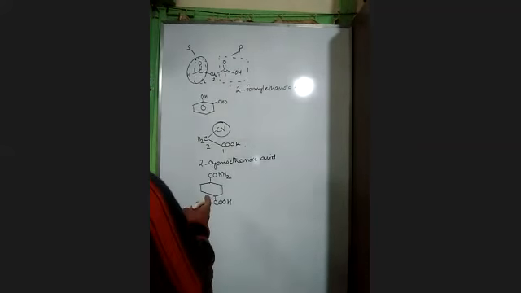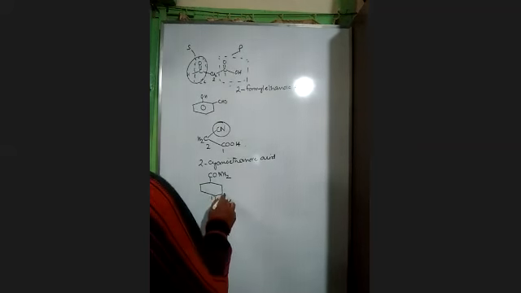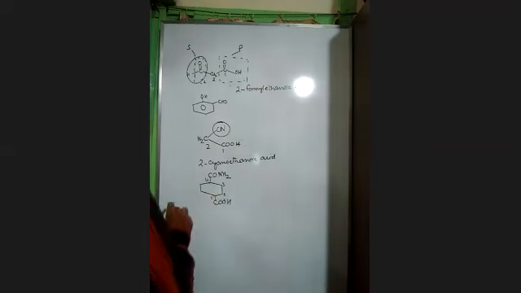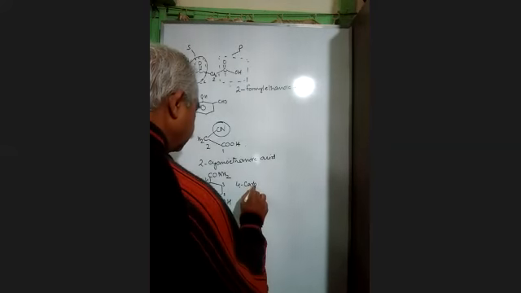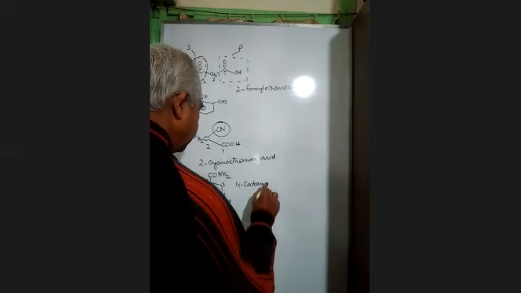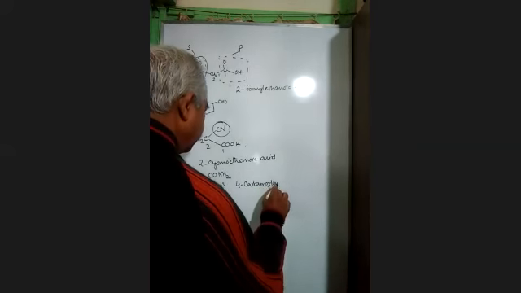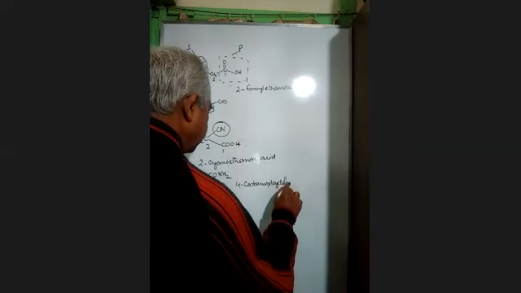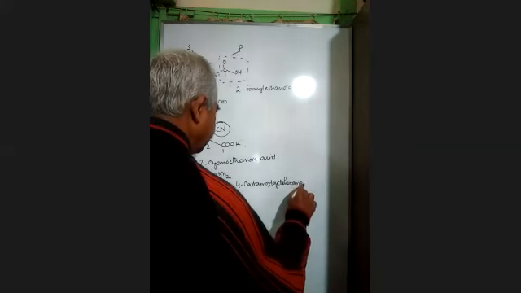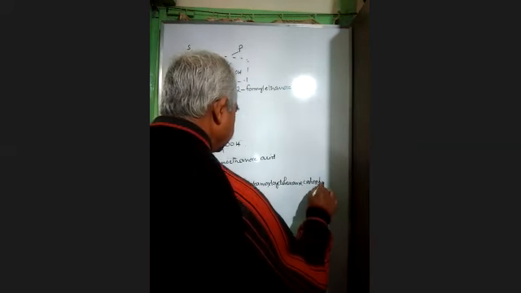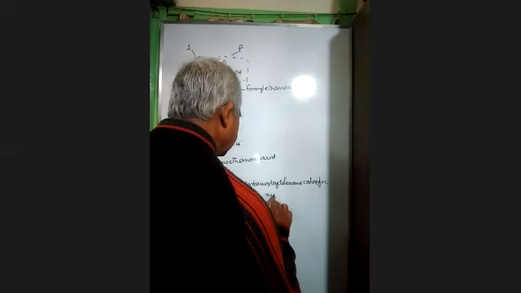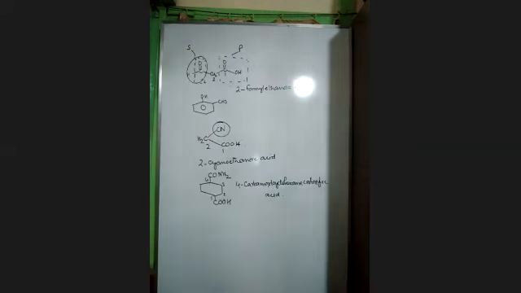It is 1, 2, 3, 4. So it is 4-carbamoyl cyclohexane carboxylic acid. Good boy. Okay.